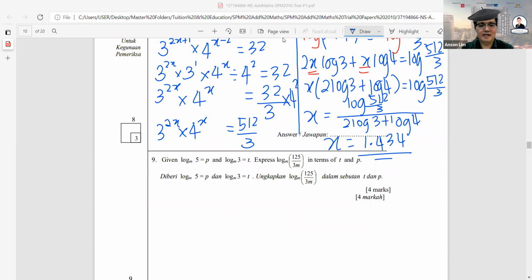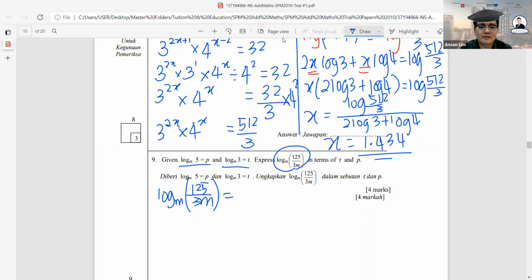So, question: I want to express this. I copy this one first, so it's very easy to know what the first step is. You just copy the information and then try to substitute what they give you.